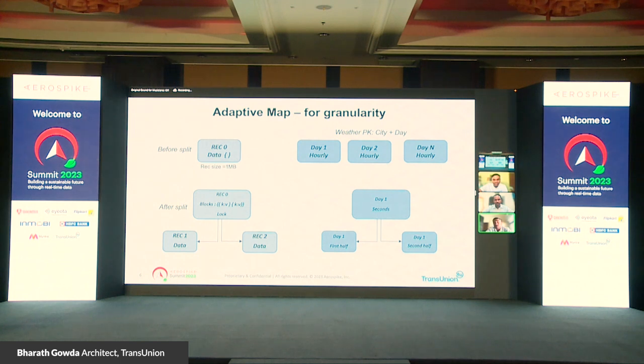If it is hourly, we can accommodate that data in one single record. But if the requirement comes where instead of hourly data, we have to save it on a per-second basis, then the adaptive map can do that for us without changing any code. It can dynamically scale up, splitting the records and still maintaining the order.